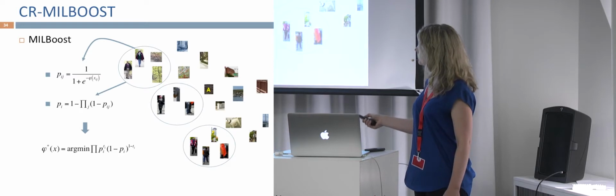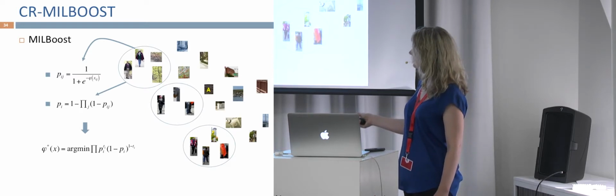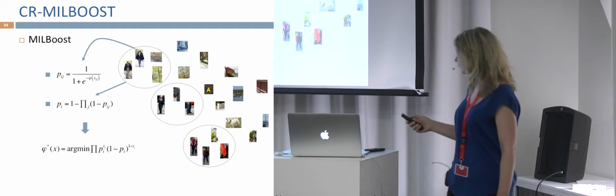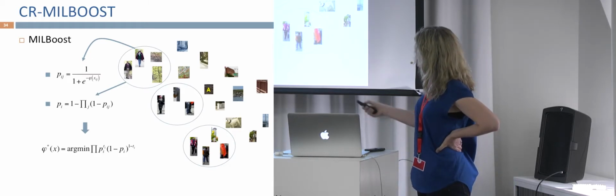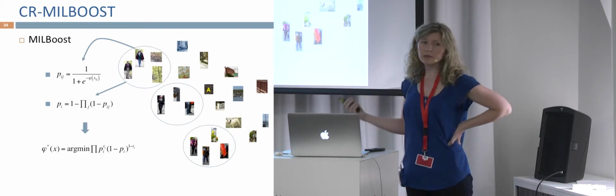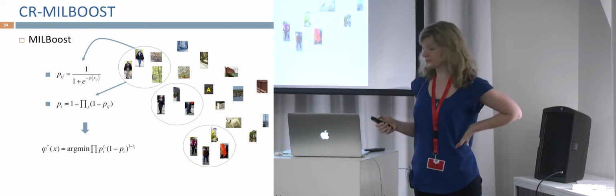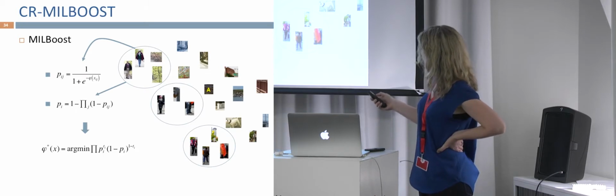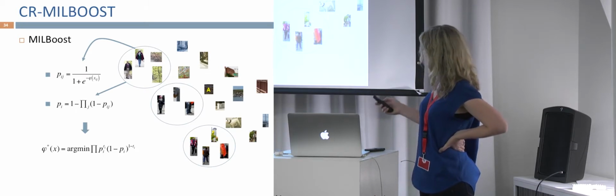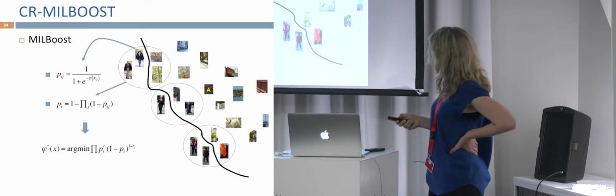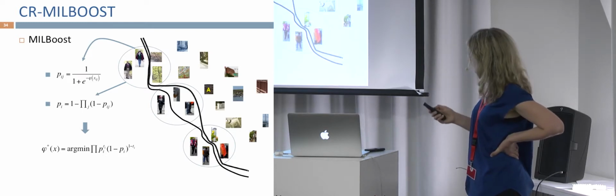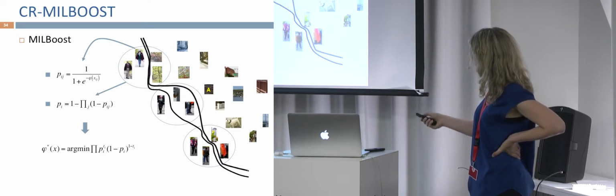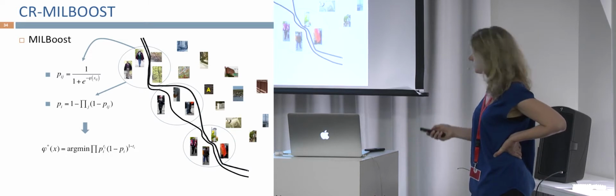In this case, we use the logistic loss. This is a typical loss that's used with boosting. So essentially, we're going to maximize the probability that a positive bag is positive. Okay? Where this probability is defined in this manner. So we might have a classifier that looks like this, or we might end up with a classifier that looks like this as a result of this minimization procedure.